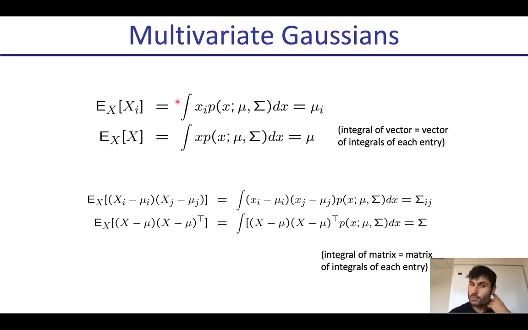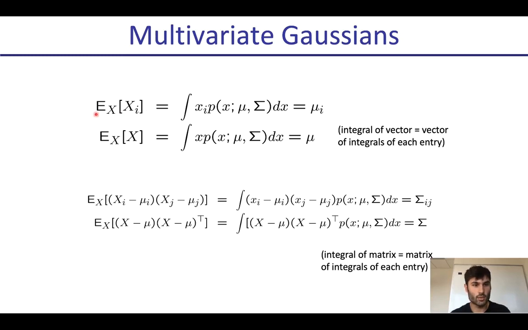Now we will explain what all of these mu and sigma parameters mean. As probably all of you will imagine, mu i, the ith component of the parameter mu, refers to the expectation of the ith component of the random variable x.